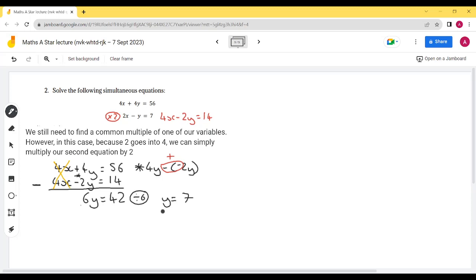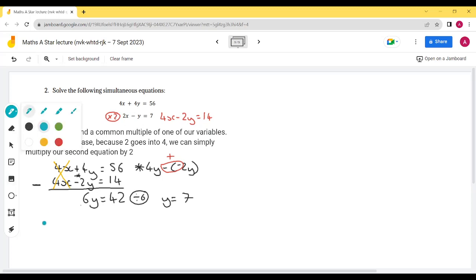And so we can put that in either of our original equations. It doesn't matter which, we'll put it in the second one just because it's a bit simpler.